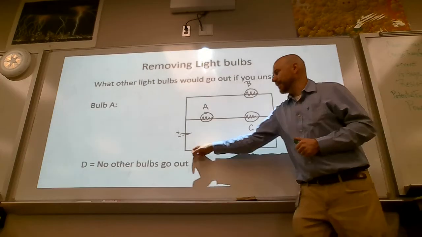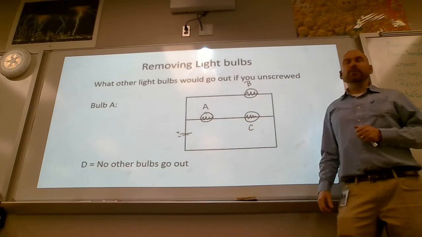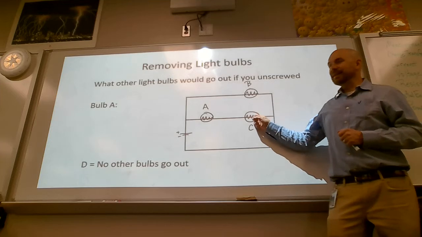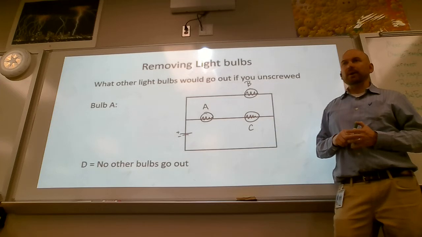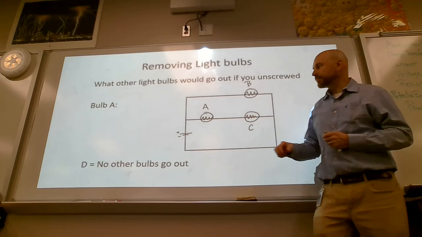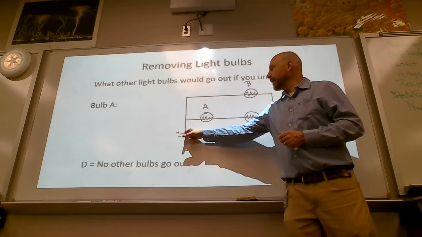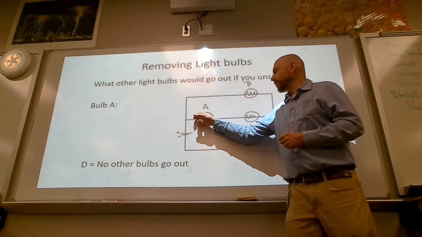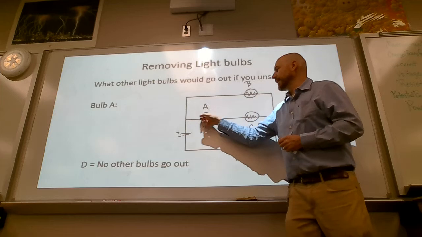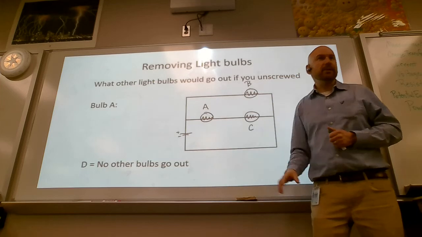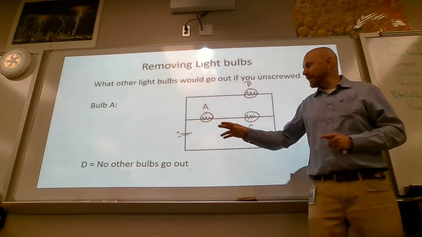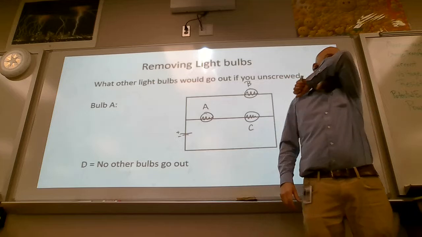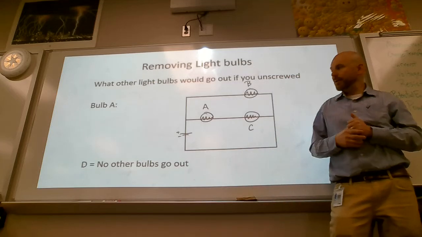A and C still stay on. If I pulled out light bulb C, what other light bulbs go out? B stays on. A goes out because it can't do that. Just because the current touches it, it has to go through it and all the way back home for it to turn on.